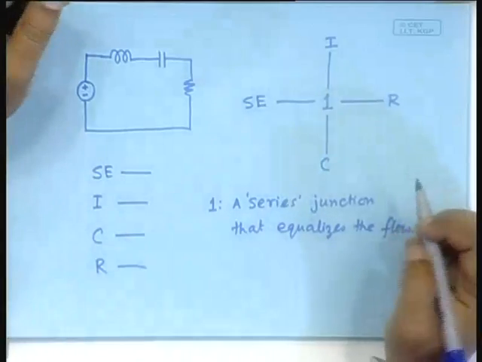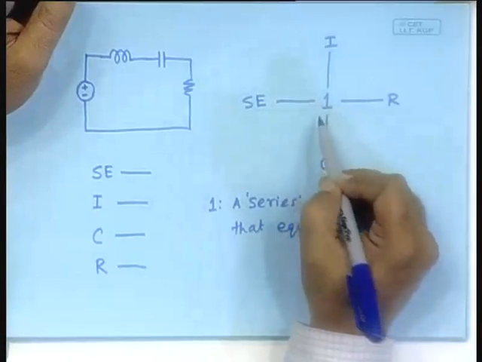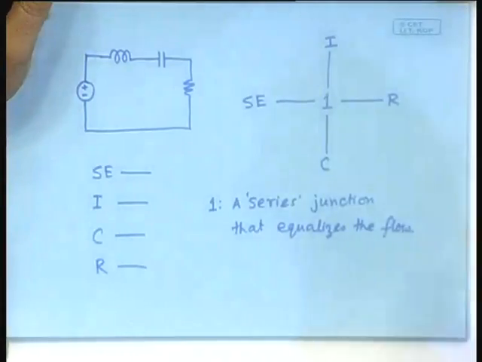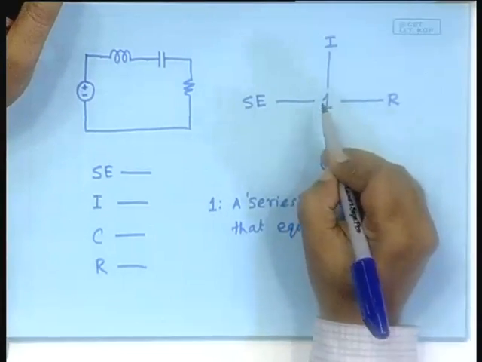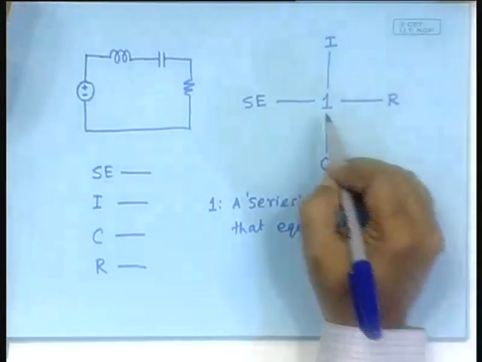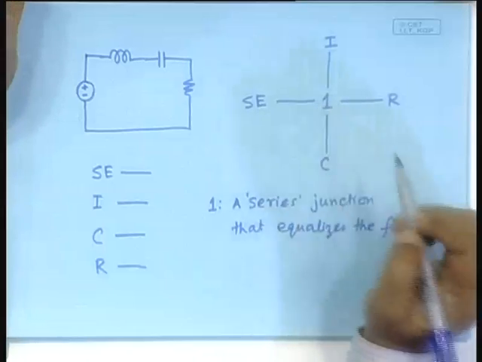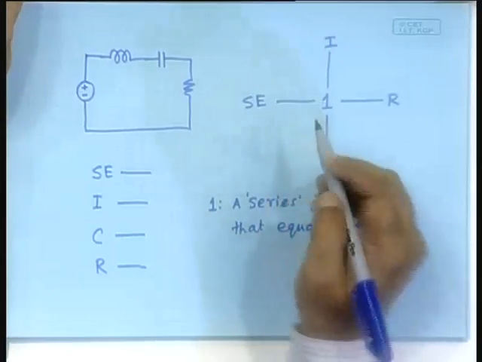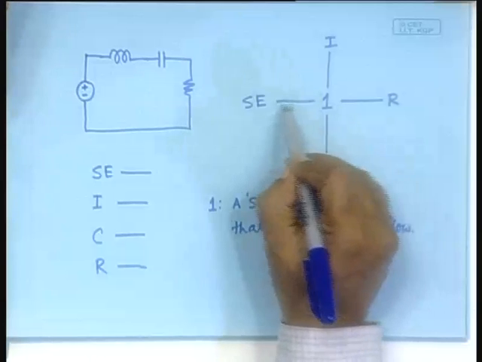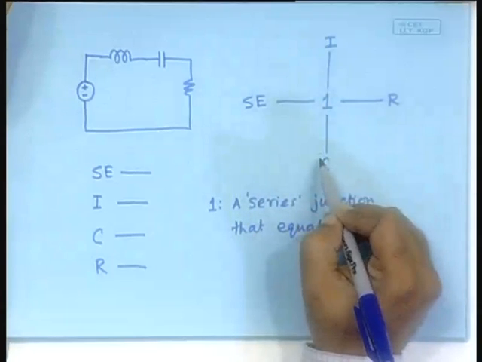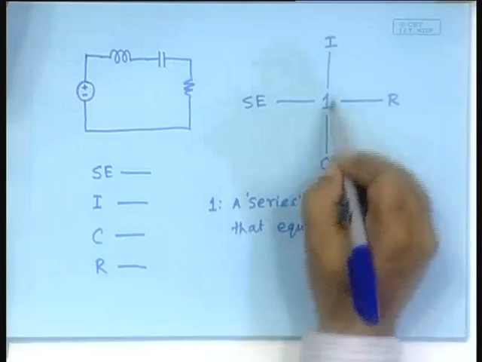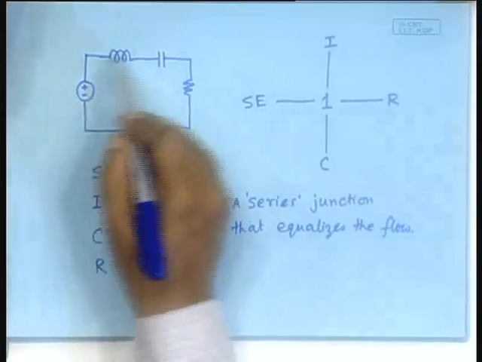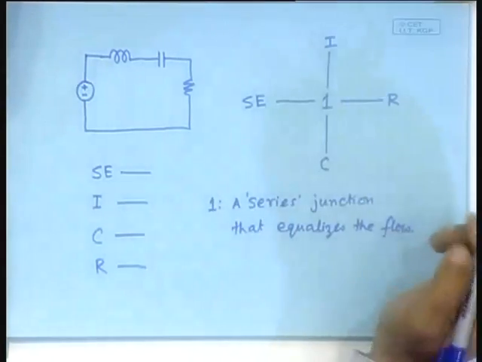In some material you will also find S, which means a series junction, but the international convention is to write it as 1, and 0. So, this 1 is the international convention for this particular type of junction, with the property that all the bonds will carry the same flow information. Effort will be different. The efforts will be decided by all these elements, but the flow will be the same.